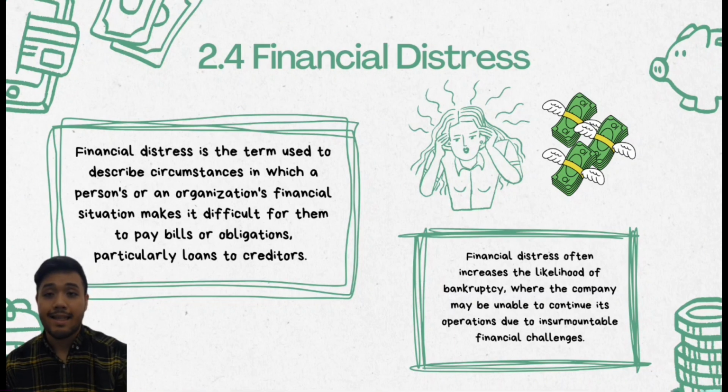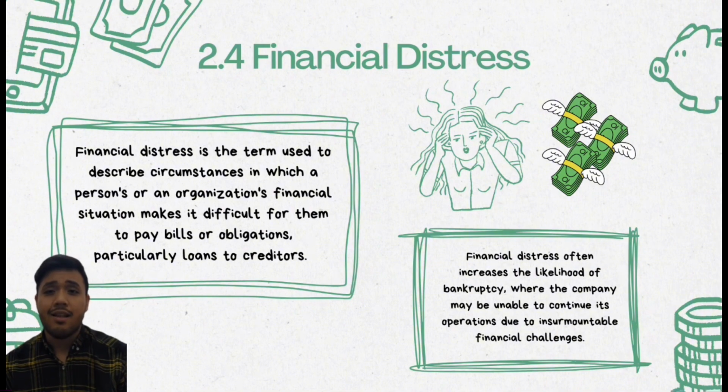I will be discussing financial distress. Financial distress refers to a situation where an individual or company finds it difficult to pay invoices or liabilities, especially loans to creditors. This is generally due to high fixed costs, a high percentage of illiquid assets, or sensitive returns.